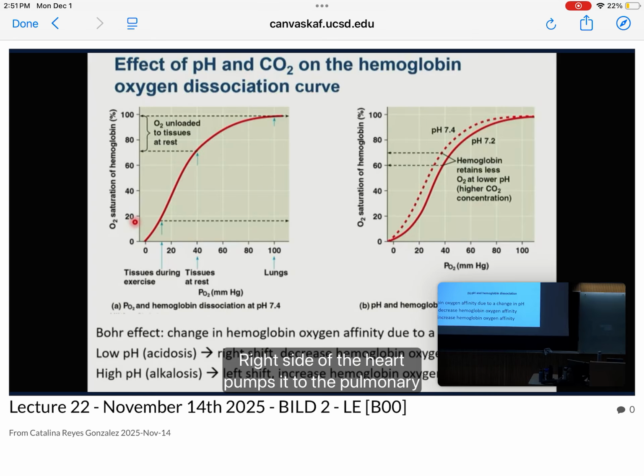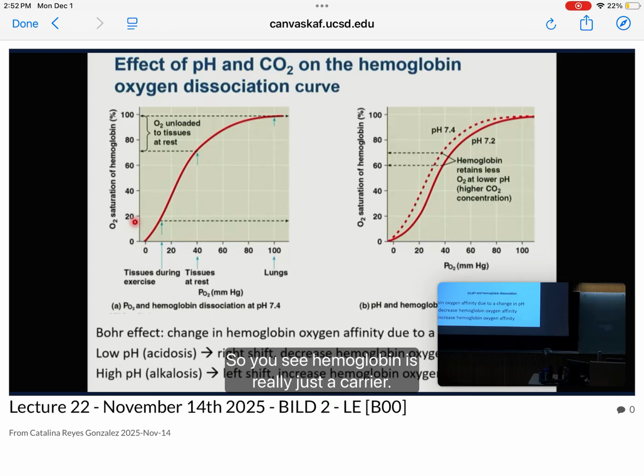The right side of the heart pumps it to the pulmonary circulation, where we unload the CO2. CO2 moves to the air in the alveoli of the lungs, and the oxygen in the alveolar air moves into the blood. And we start the cycle again.